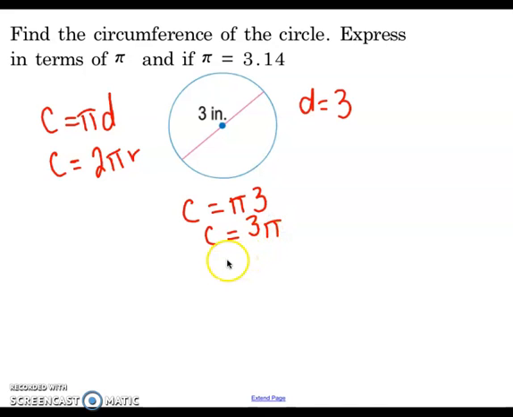But then if you have to evaluate if pi is 3 14/100, you do circumference equals 3, and in place of pi, you sub in 3 14/100. And then you multiply. And the circumference of this circle would be 9 42/100 inches. Circumference is like perimeter, so it's just plain inches.